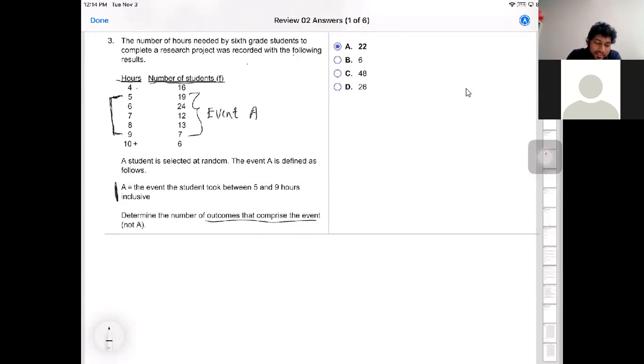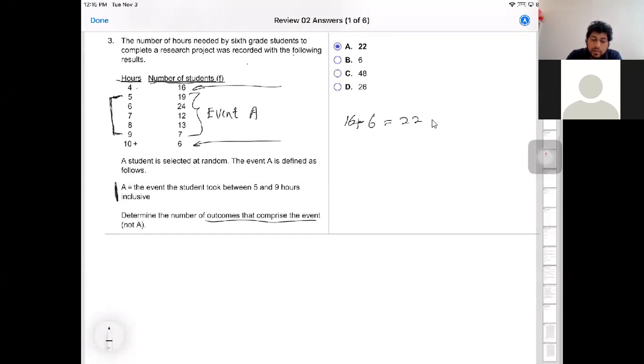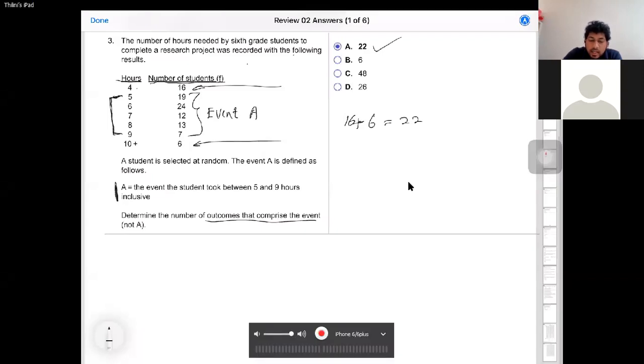So what are those? This one and this one, right? You just have to find the number of outcomes, no probabilities, just outcomes. 16 plus 6, it is 22. Clear? 16 plus 6, it is 22.